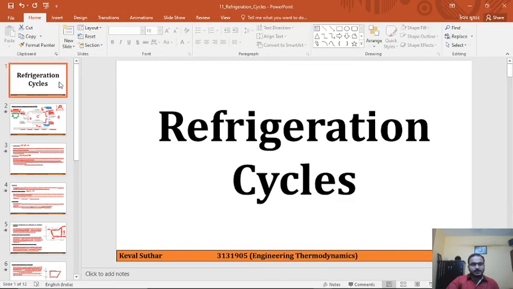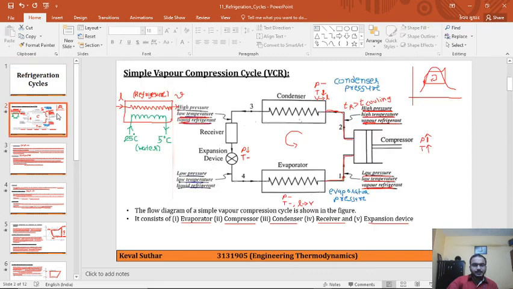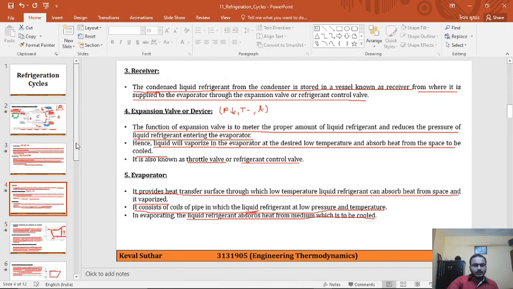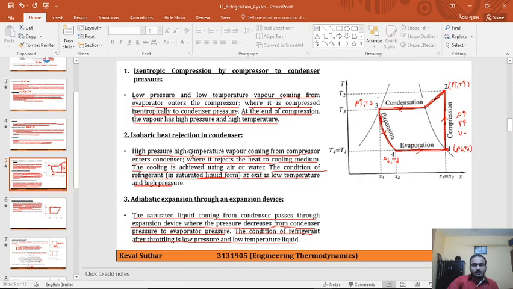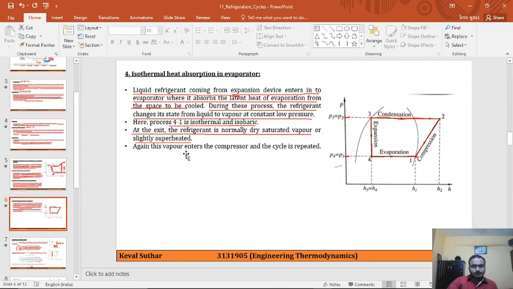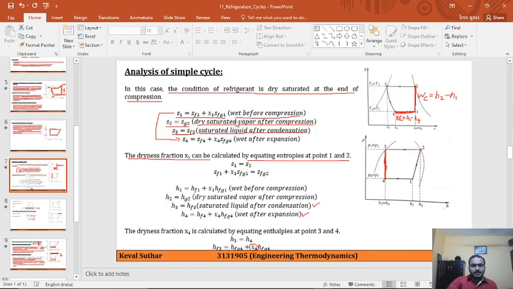So in today's lecture we started with refrigeration cycles, in which first was understanding various components of VCR. One by one we studied. Then next was the TS diagram and all 4 thermodynamic processes. Then we studied the pH diagram. The next was analysis of the simple cycle, in which we understood the calculation of enthalpy and entropy, as well as calculation of dryness fraction at 2 different points.